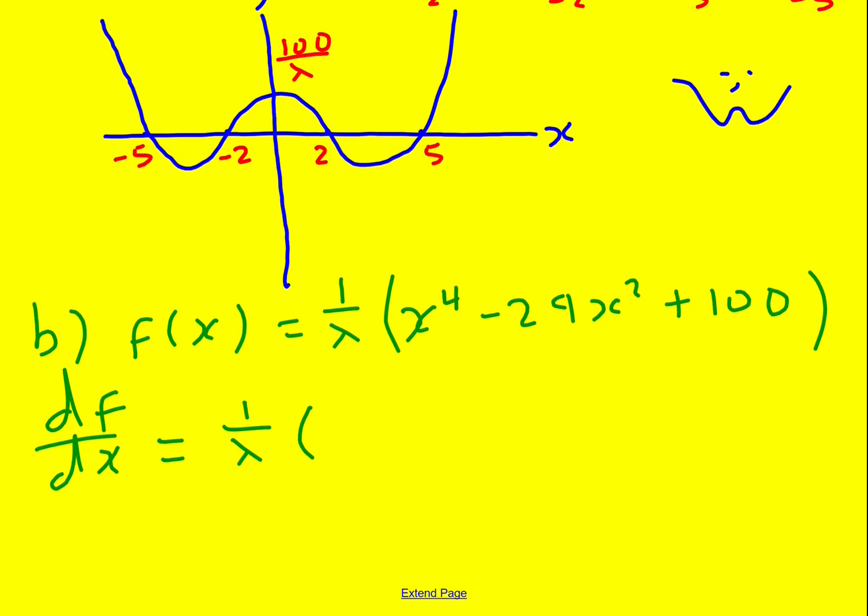So I can just carry that through. Like I could multiply by it, or I could just have it here. And that is going to equal 0 for stationary points.